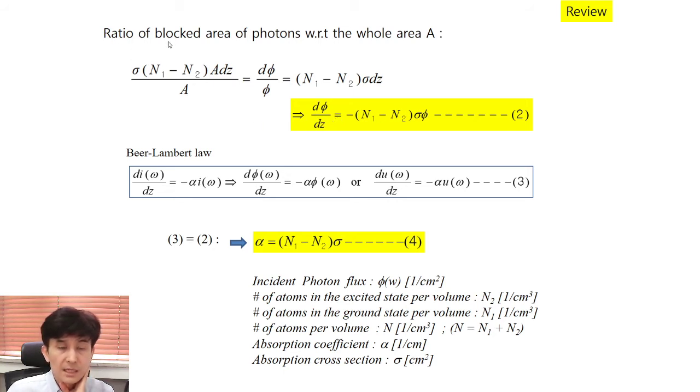We obtained the ratio of the blocked area of photons with respect to the whole area A. So the cross-section and the population inversion are times the A times dz, that's the volume. So this is the population inversion per volume, and A times dz is the volume.